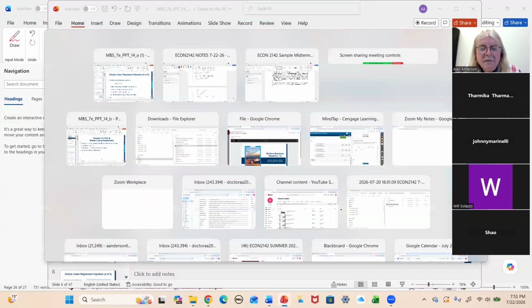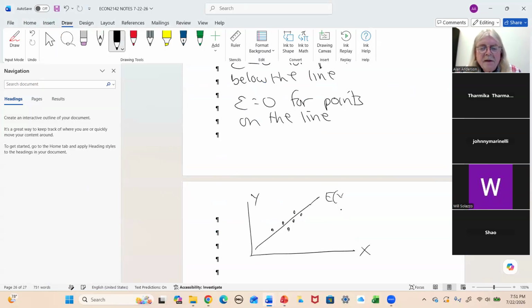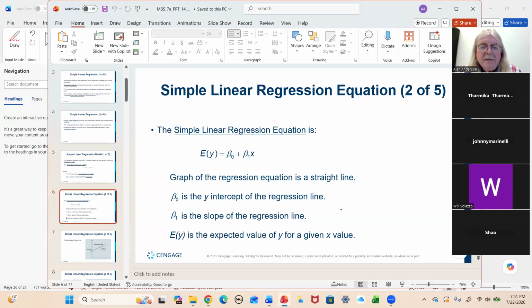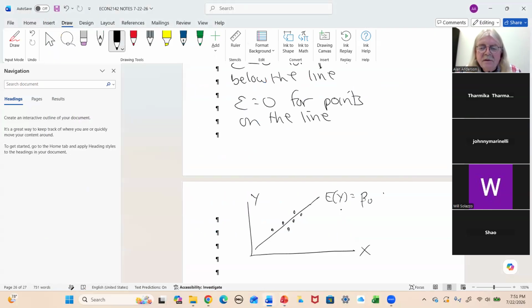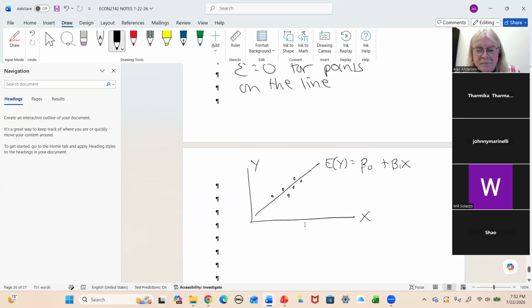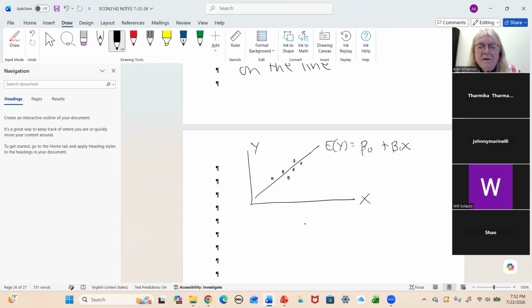This line is where we would be if all the epsilons were zeros, meaning that this is the actual linear relationship underlying the data. So you can think of this as the population regression line.